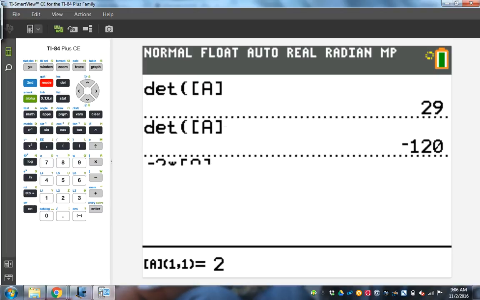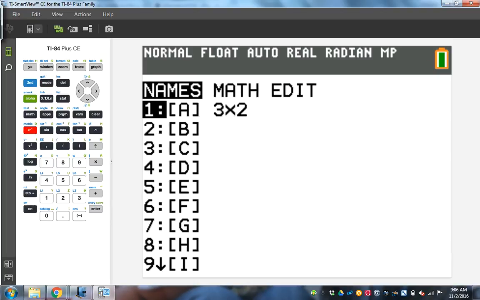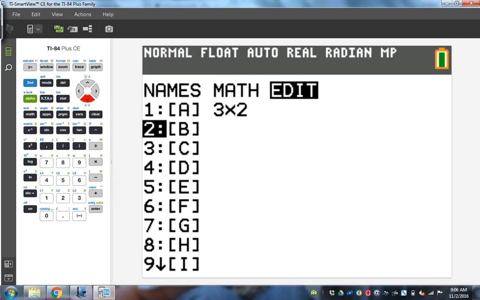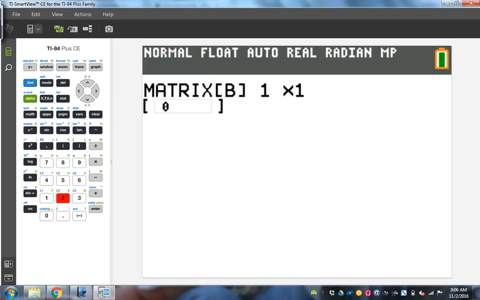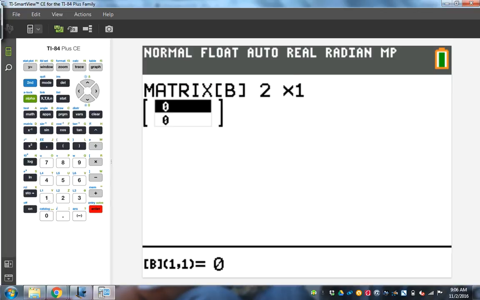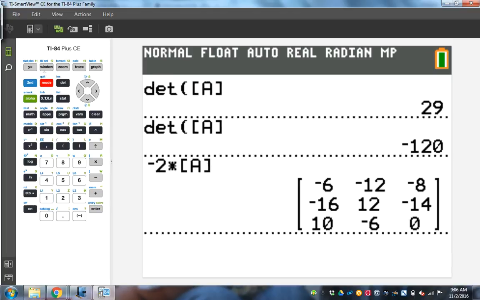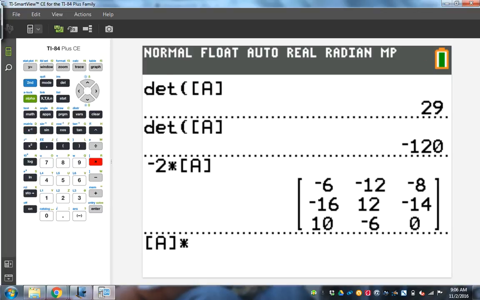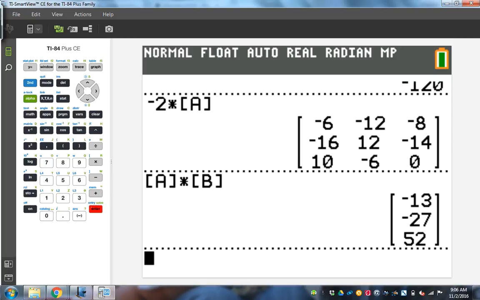Okay, and then I'm going to go back to the matrix and put in matrix B, a 2 by 1, 10, 11. And then I'm going to tell my calculator matrix A times matrix B. -13, -27, +52. A 3 by 1 as the answer.